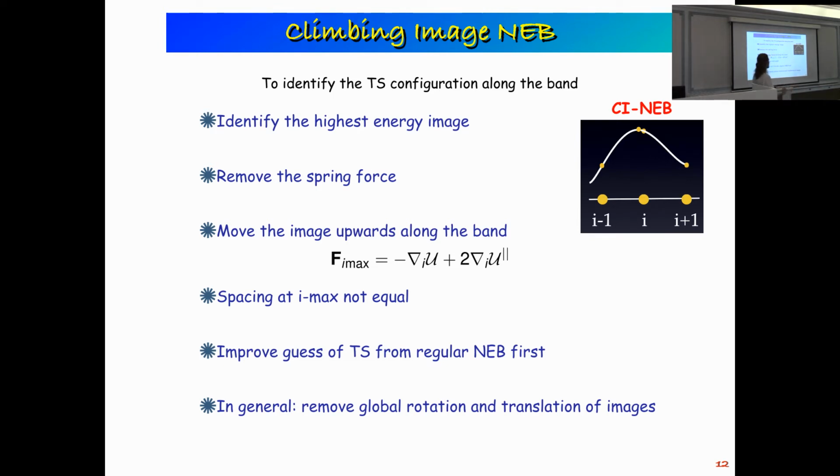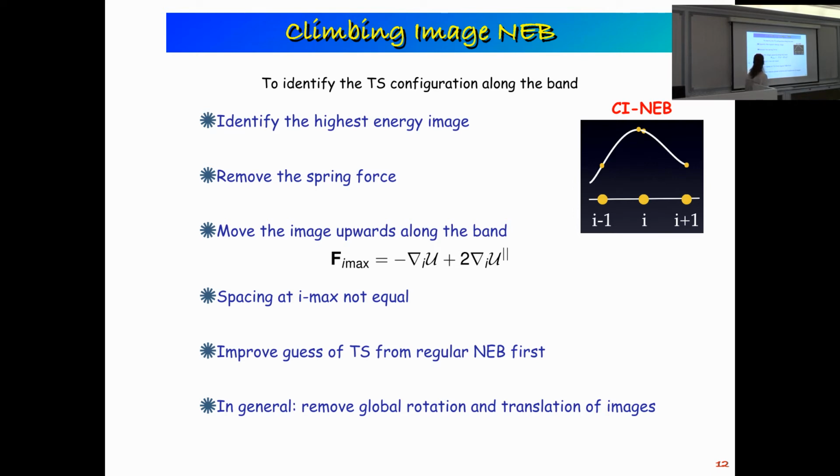In fact the parallel component along the band is kept, but it is reversed in sign, so that this bead goes up and doesn't go down. So at that specific bead, the maximum in energy, the NEB force is this one. So you see we have reintroduced the parallel component 2 times.